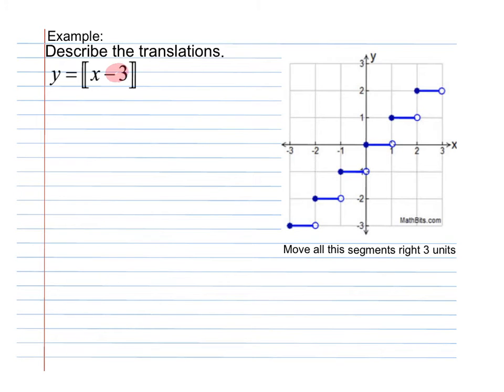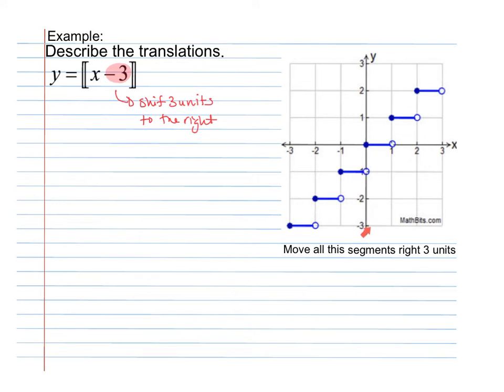Since we have a negative 3 inside, the function is going to move everything over 3 spaces to the right. So it's a shift to the right. So that means that if we start at the bottom step function, then this point right here would be 1, 2, 3.